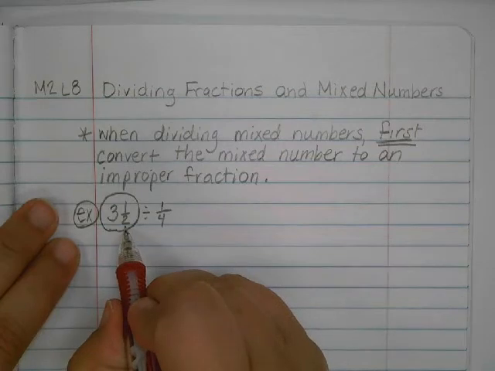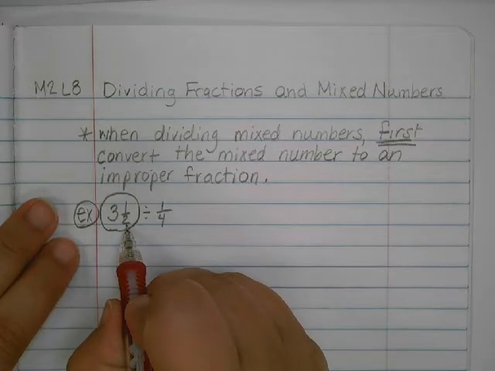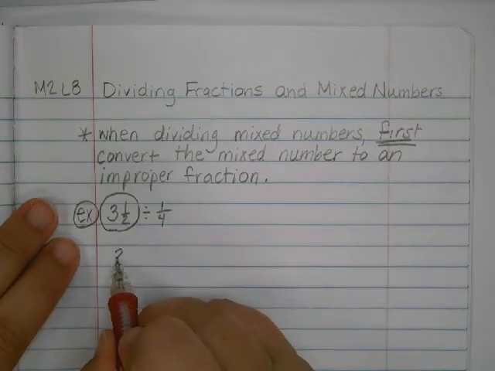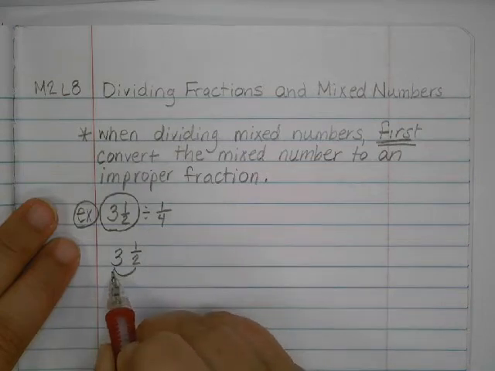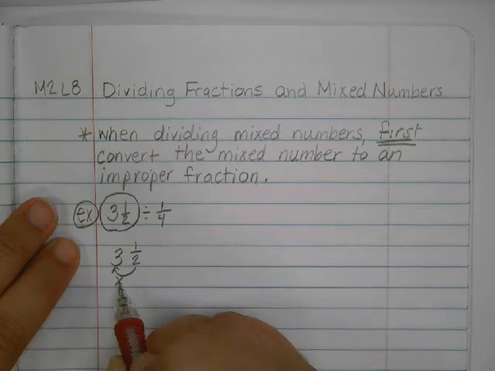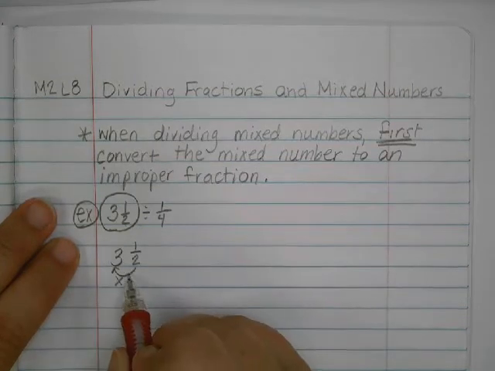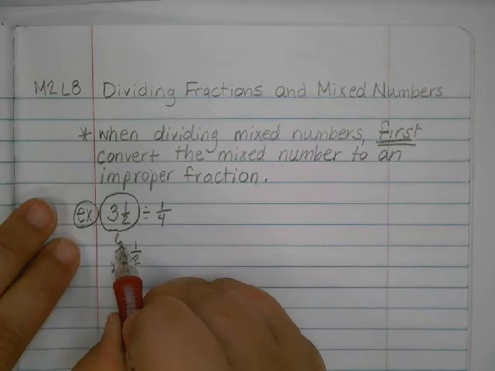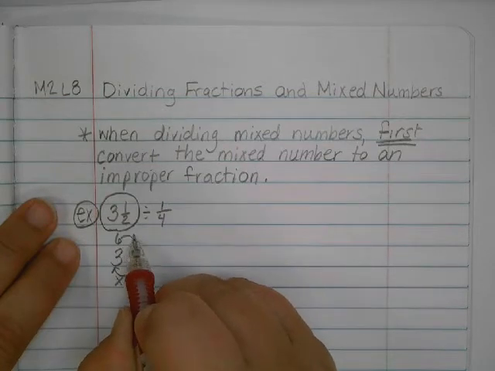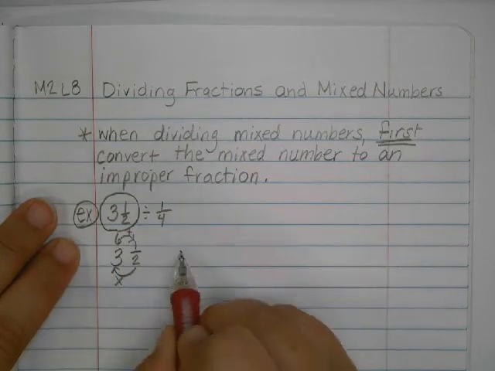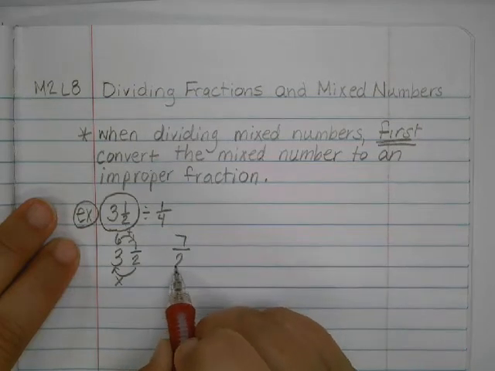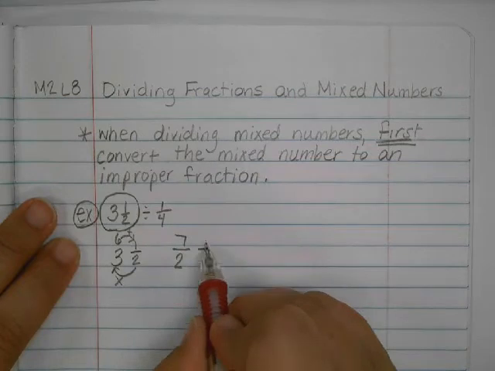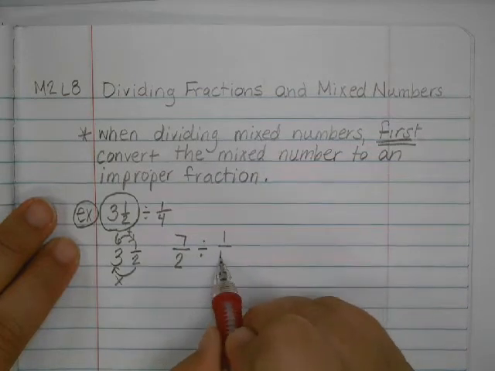So I know that when I convert a mixed number to an improper fraction, I multiply my denominator and my whole number. So 3 times 2 gives me 6. And then I add that 6 to the 1, which gives me 7. So now I have 7/2 divided by 1/4.